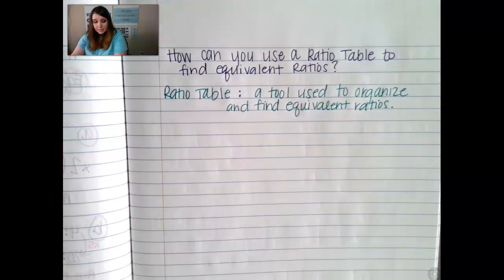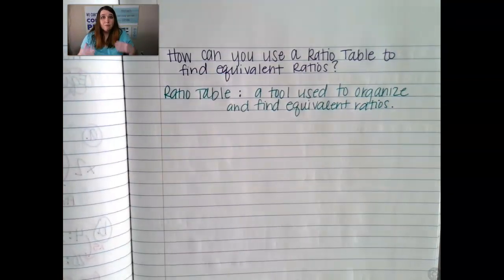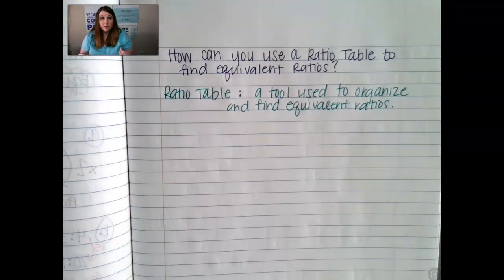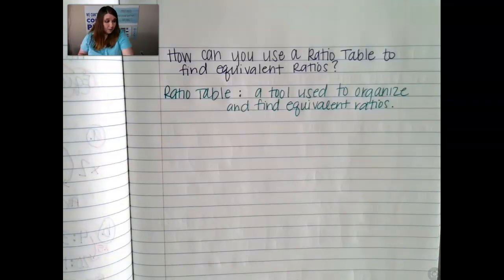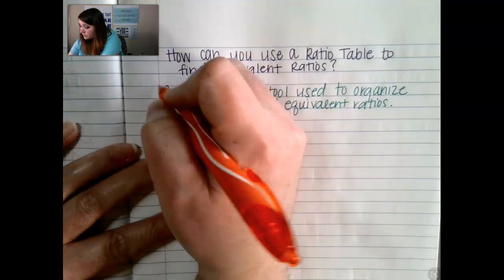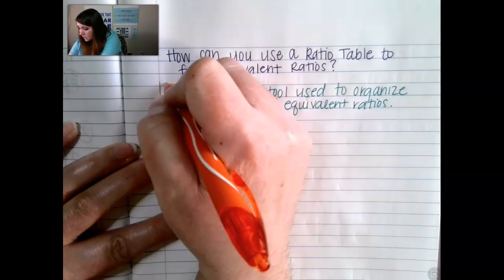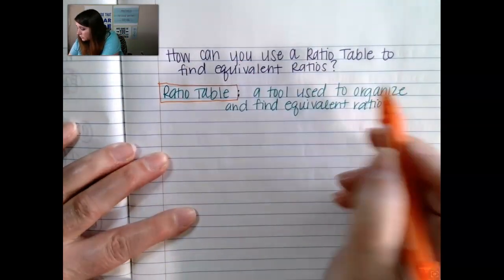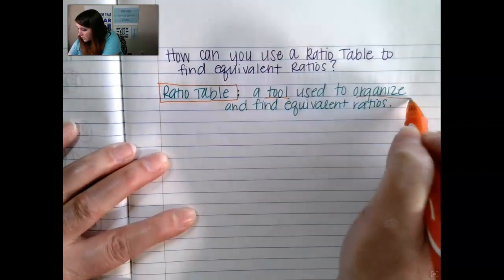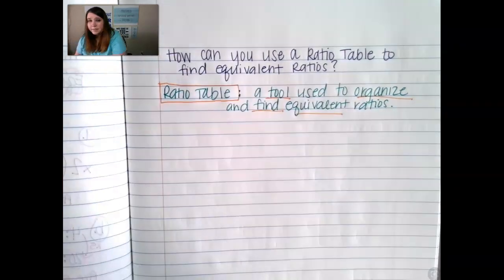So using this table, we can determine if ratios are equivalent. We can find them and organize them, like organize our data. So ratio tables are a tool for organizing and finding equivalence.